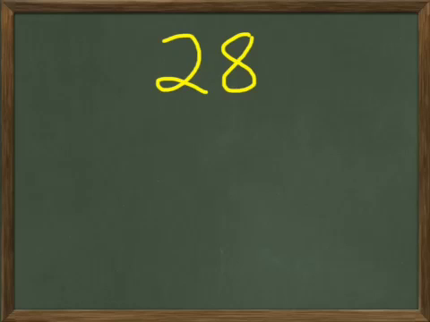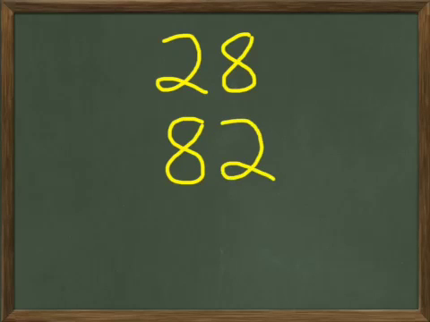All right, below your 28, I want you to write 82. And your 82 should look something like this. An 8 followed by a 2. Okay, so there's 28 and 82. Now, next we're going to write 29. Can you write 29? You write 29 on your paper, I'll write 29 here on my board.